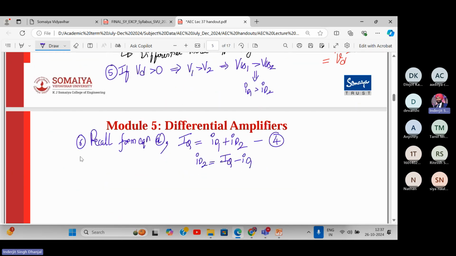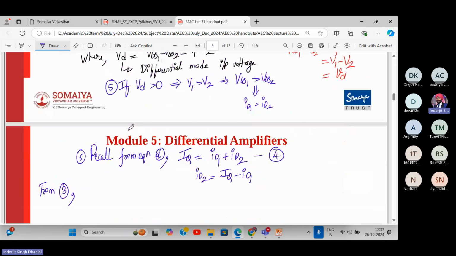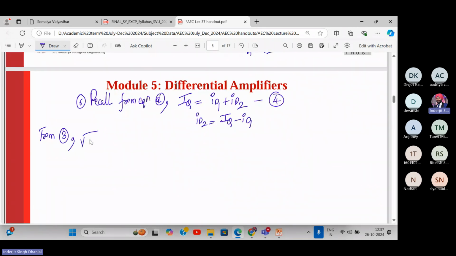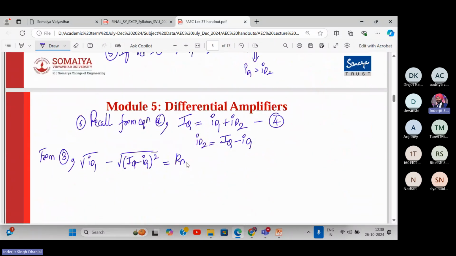Now let's check equation number 3. From equation number 3, it is square root of ID1 minus square root of ID2, right? So square root of ID1, instead of ID2, we'll write this term: IQ minus ID1, correct? Is equal to root of Kn times Vd, right? So we'll square both the sides.